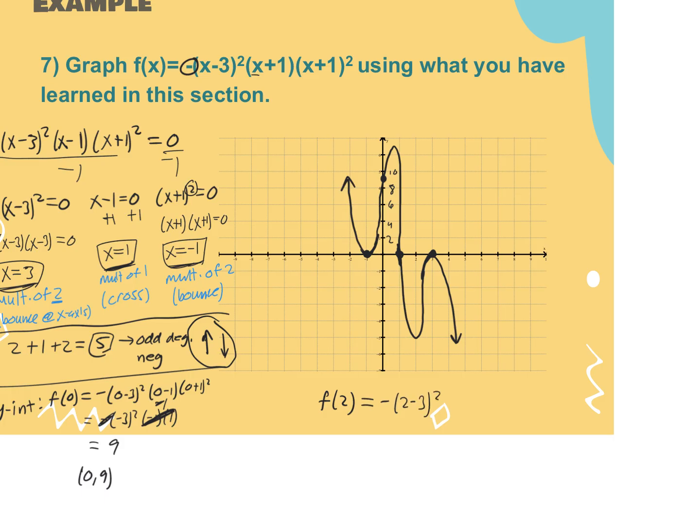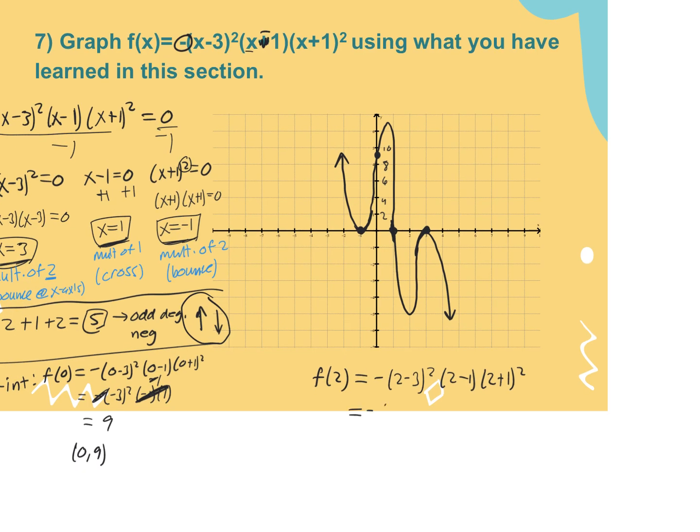So let's plug in 2 and see what we get. 2 minus 1, I had changed that to a minus in the beginning, so 2 minus 1 and then 2 plus 1 squared. And this is going to get us negative 1 squared times 1 times 3 squared.